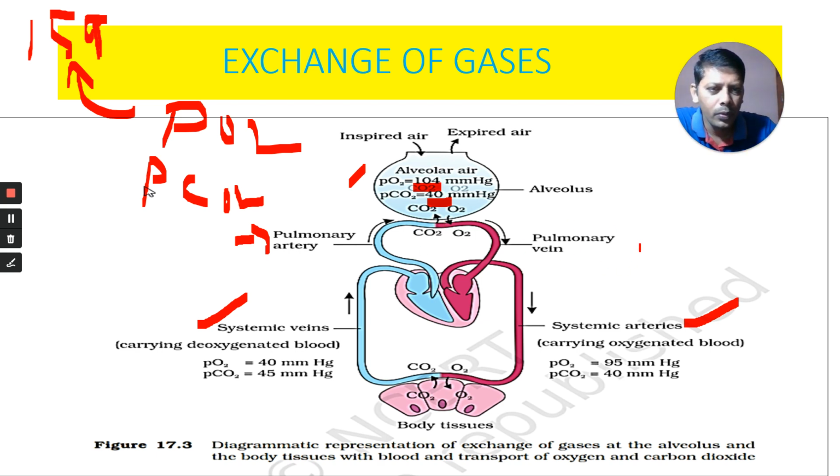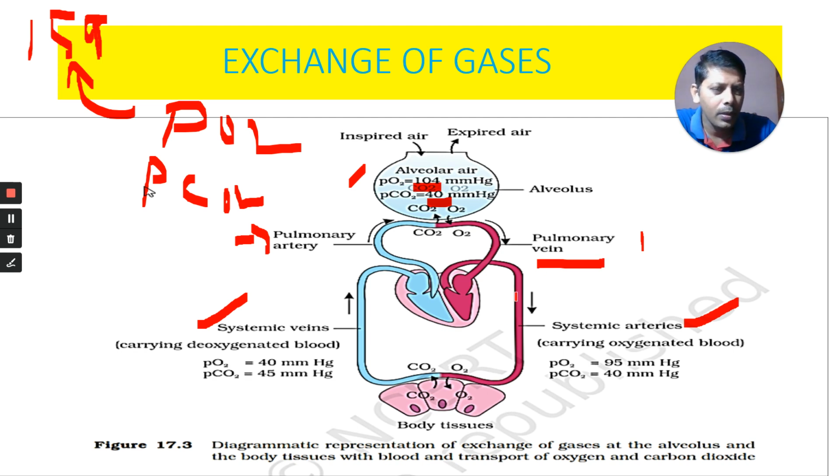These are the blood vessels. This is the pulmonary vein, these are the systemic arteries, these are the systemic veins, and the pulmonary artery. This red part represents the pulmonary vein.